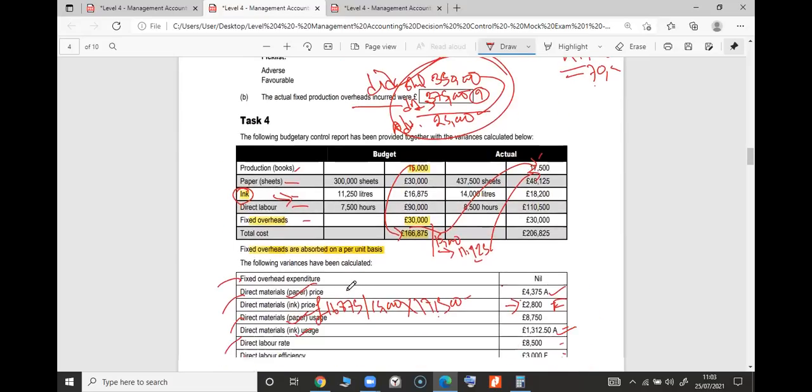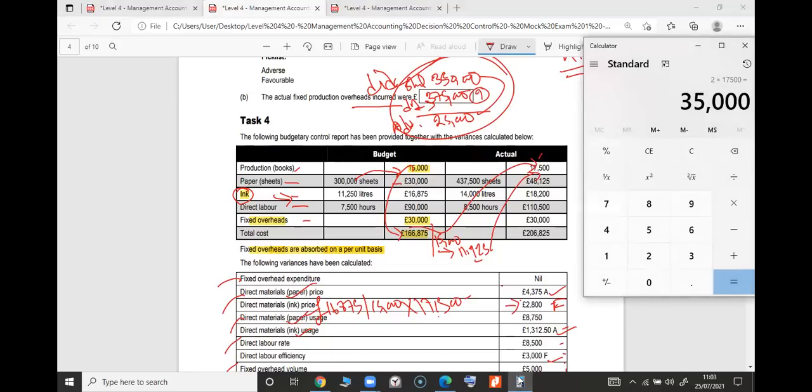How do you do it? Paper usage, 300,000 sheets. The question is here. Samuel says adverse. Let's wait for more people's answers. 300,000 divided by 15,000.